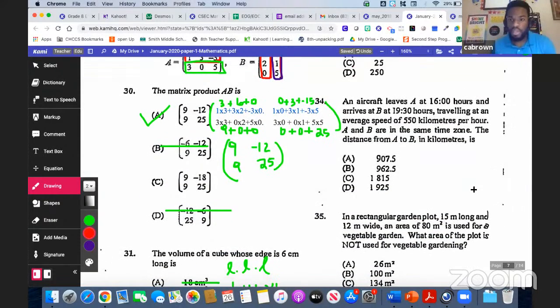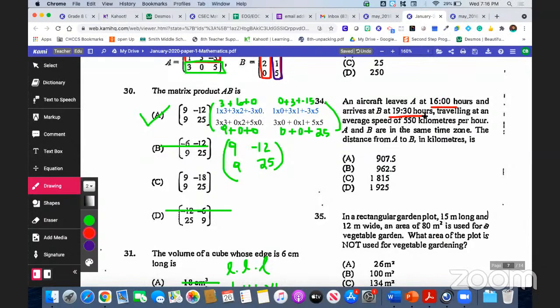34. An aircraft leaves A at 1600 hours and arrives at B at 1900 hours, traveling at an average speed of 550 kilometers per hour. A and B are in the same time zone. The distance from A to B is, well, let's find out. The aircraft leaves A at 1600 hours, and then it arrives at B at 1900 hours.